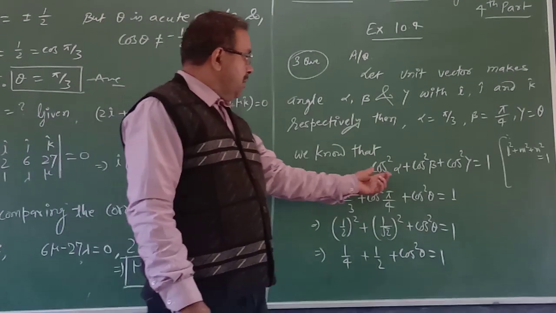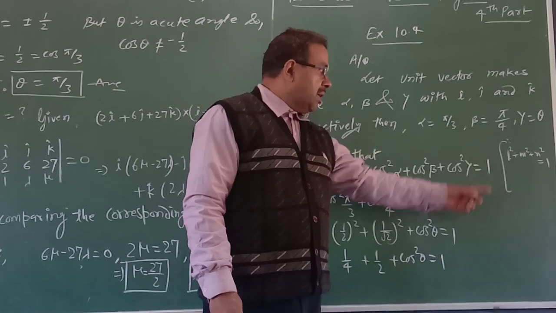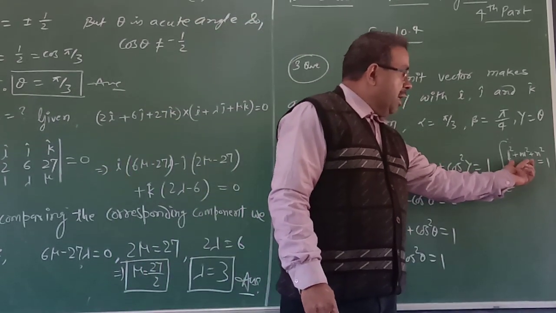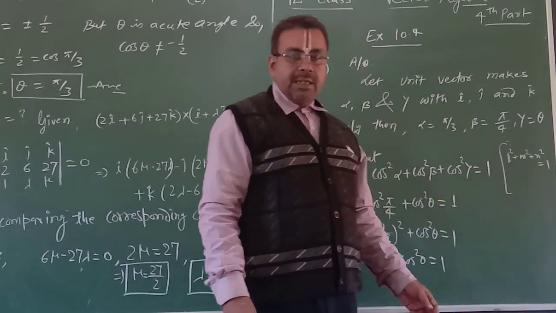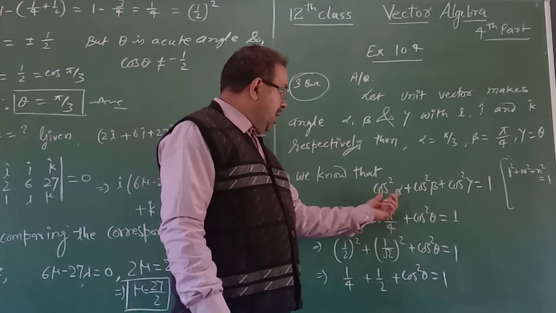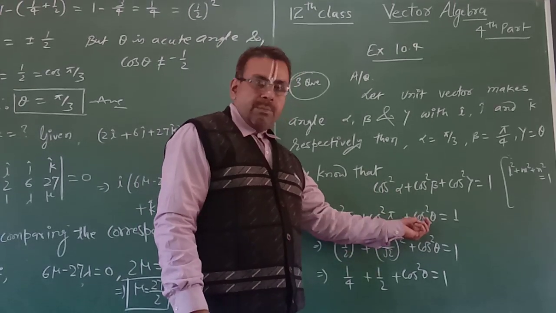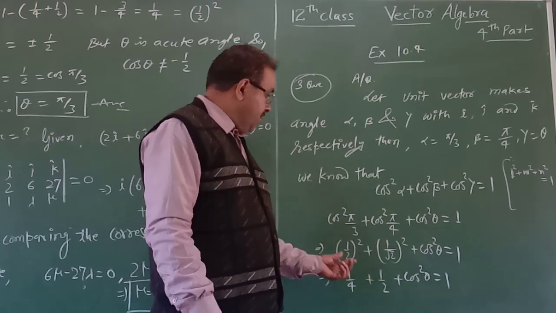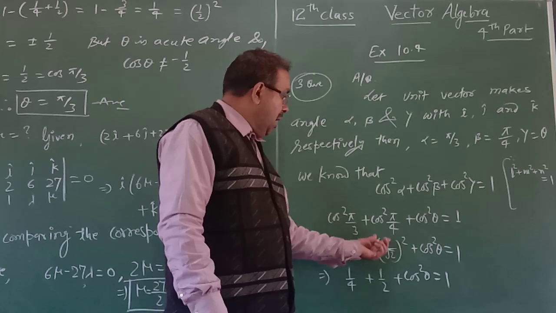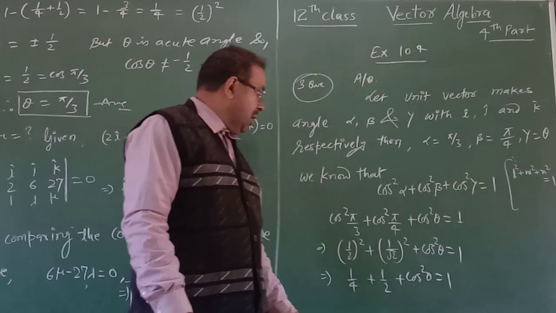And we know that cos square alpha plus cos square beta plus cos square gamma is equal to 1, as you know the direction cosines l square plus m square plus n square is equal to 1. Then after putting the values, cos square pi by 3 plus cos square pi by 4 plus cos square theta is equal to 1, and the value is (1 by 2) whole square plus (1 by root 2) whole square plus cos square theta is equal to 1.